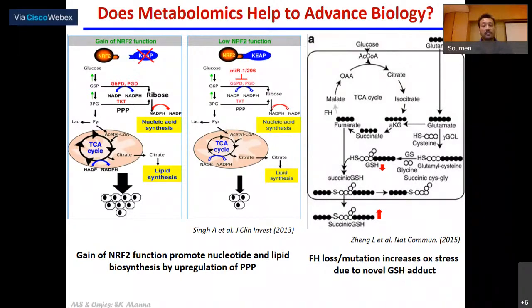And what is happening is that not only is it producing precursors for nucleic acid biosynthesis, but it is also increasing the production of NADPH. When NADPH production is up, that gives these cells an advantage, not only towards increasing lipid biosynthesis, which is required for synthesis of new membranes for new cancer cells that will be generated, but also for energy storage.